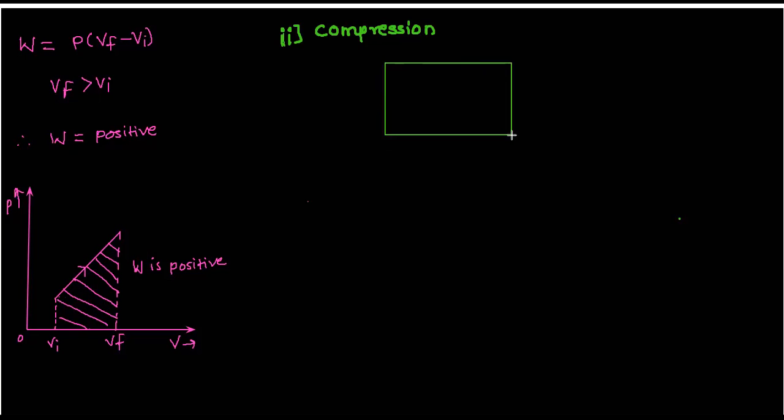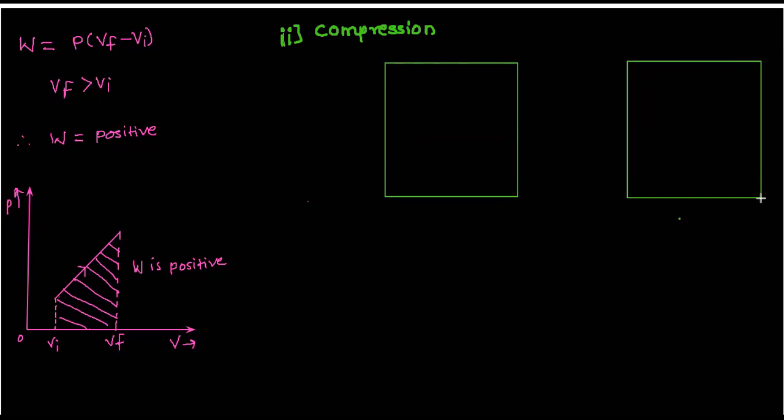Initial state I want to represent, the initial state, and here it is a final state. Okay. So in this what happens? Let me take first one piston. And here is a gas.